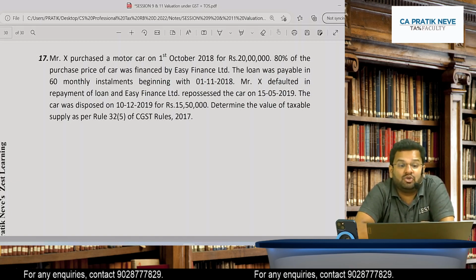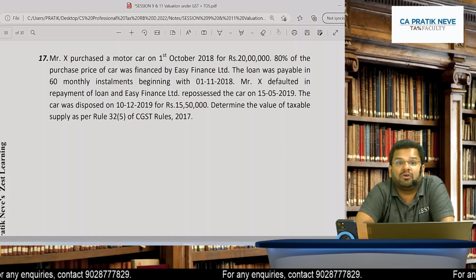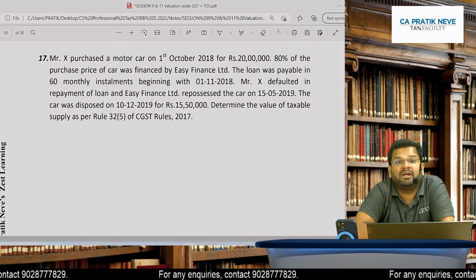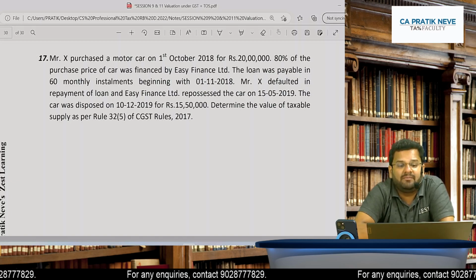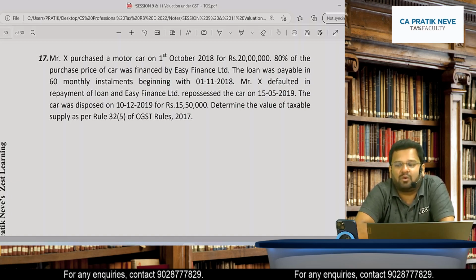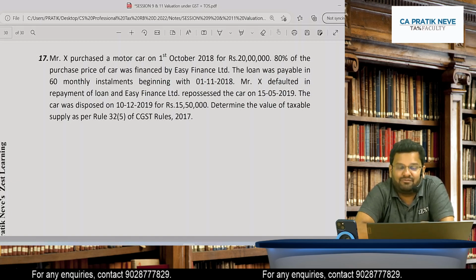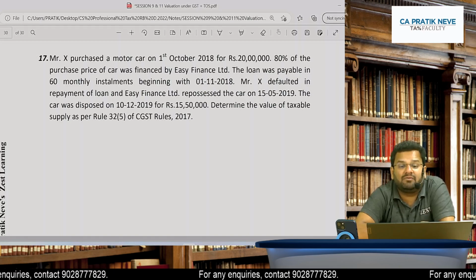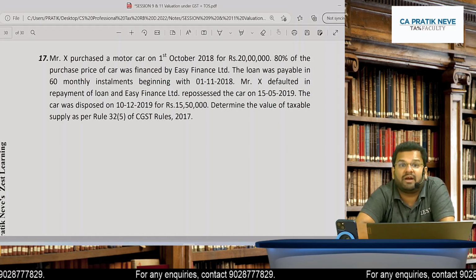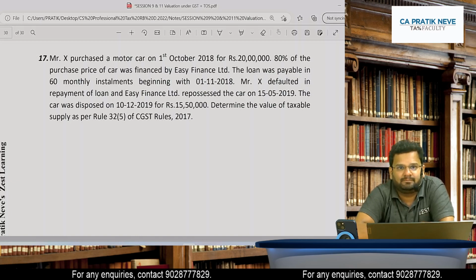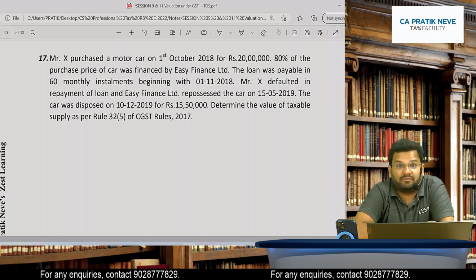But is the car used for some time between date of purchase and date of sale? Yes. Between date of purchase and date of sale, it is used for how many quarters? Calculate the quarters. 5 quarters. Wonderful. How 5? One ending 31st December 18 and other 4 of 2019. 5 quarters including part thereof. What is 5 into 5? 25.